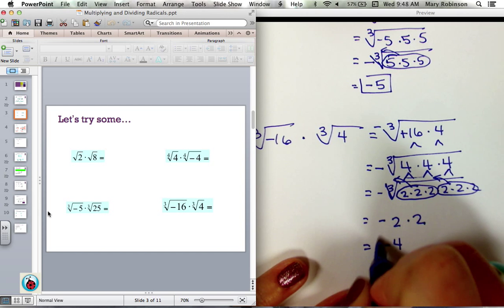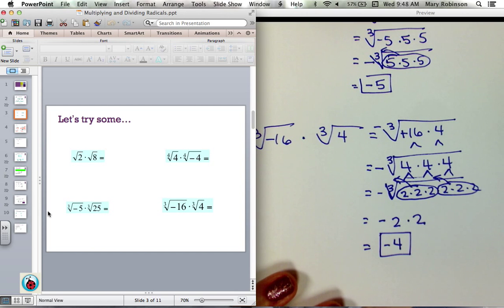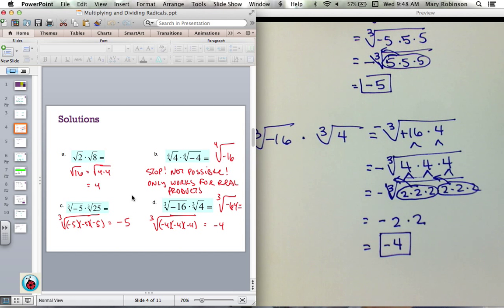So I'm simply going to have negative 4. If you'll take a look at this next slide, I've got some work up there to help you. If you do print it out, this work would be on the PowerPoint.